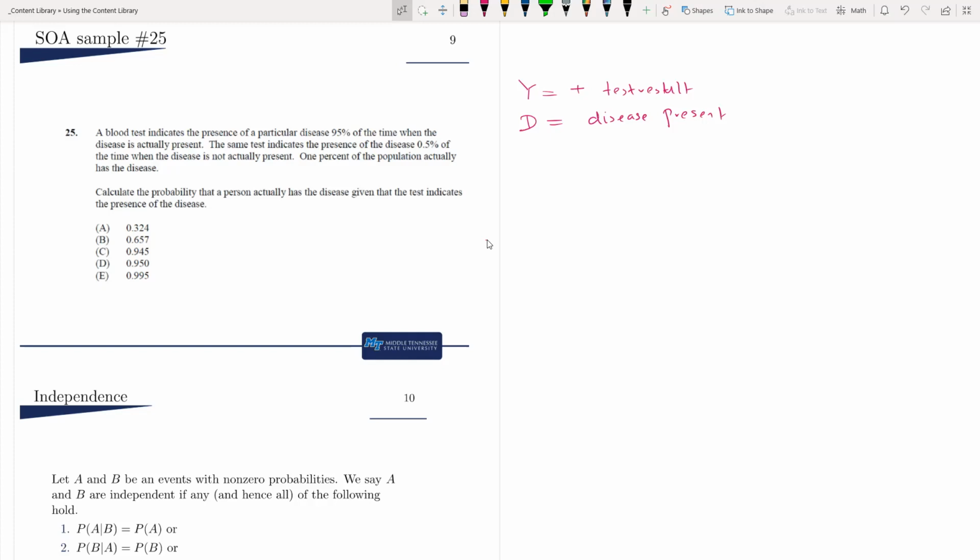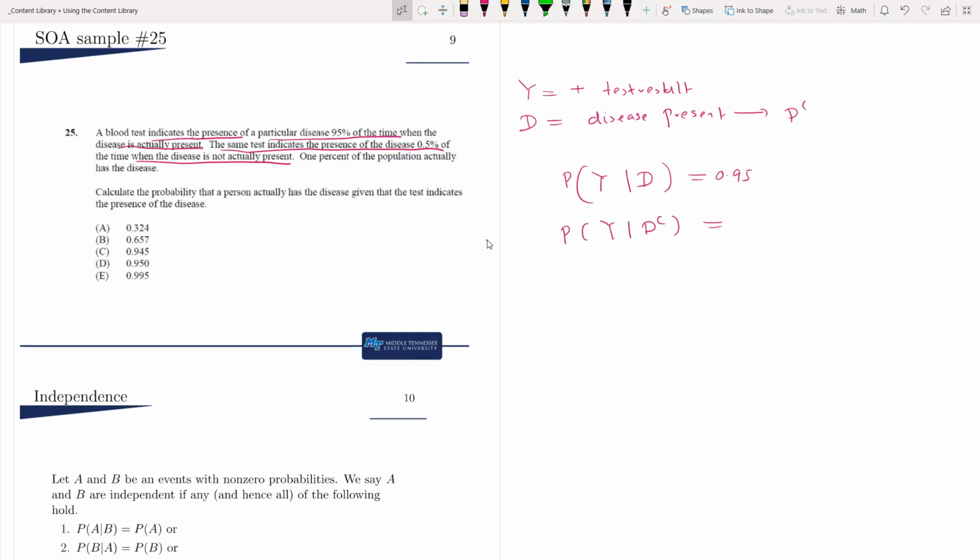So now here you can see that the test indicates a particular disease 95% of the time when the disease is actually present. So given the disease present, the test result is positive, indicating the presence. That's going to be 95%. Then the same test indicates the presence of disease 0.5% of the time when the disease is not actually present. So it shows positive, but the disease is not actually there.